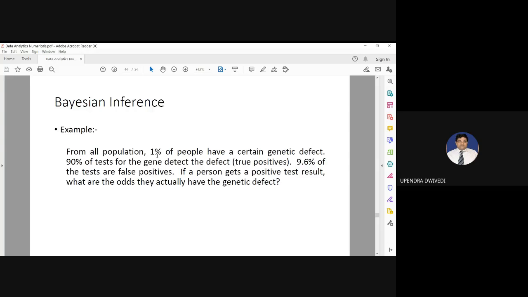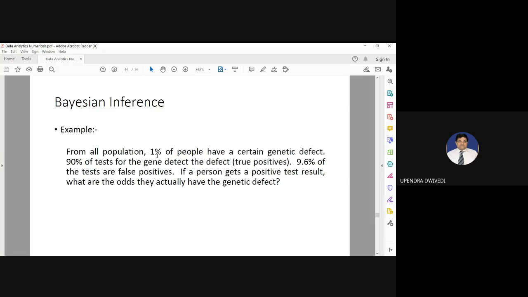Now here comes the topic of true positive and false positive. True positive means there is a gene defect and the test detects that gene defect. 9.6% false positive means the people are not suffering from the gene defect, but the test shows they have a gene defect.